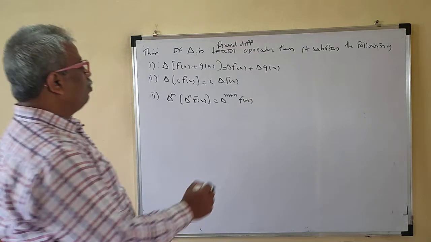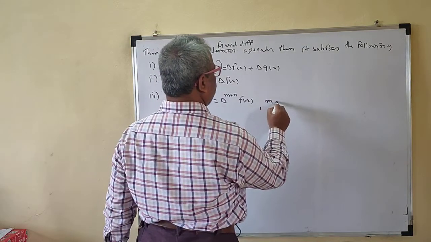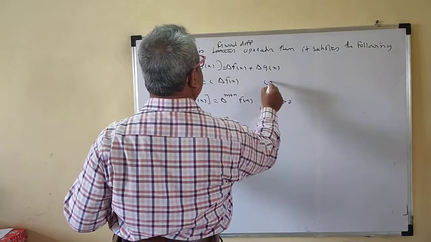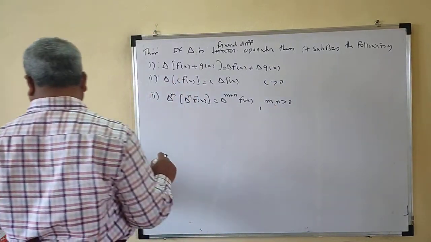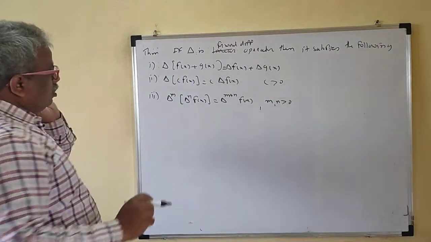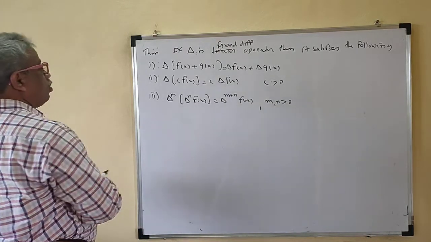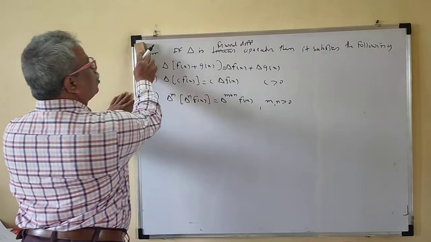Okay. So for m, n greater than 0, and c greater than 0. So we are not proving this. Okay. So remember this.